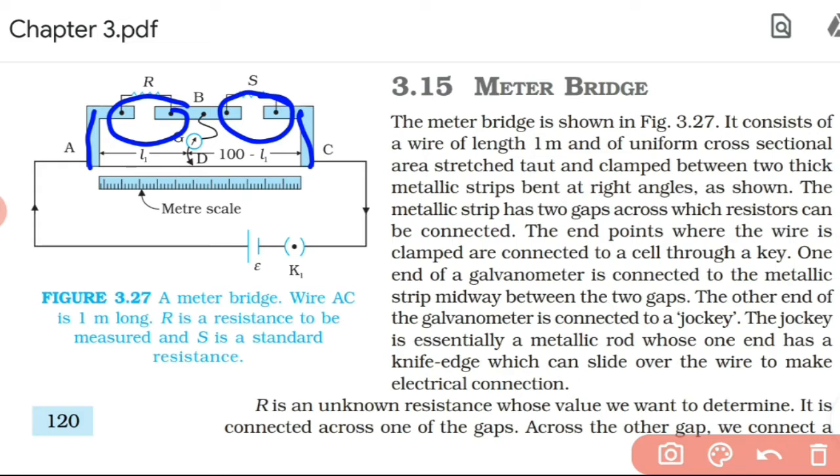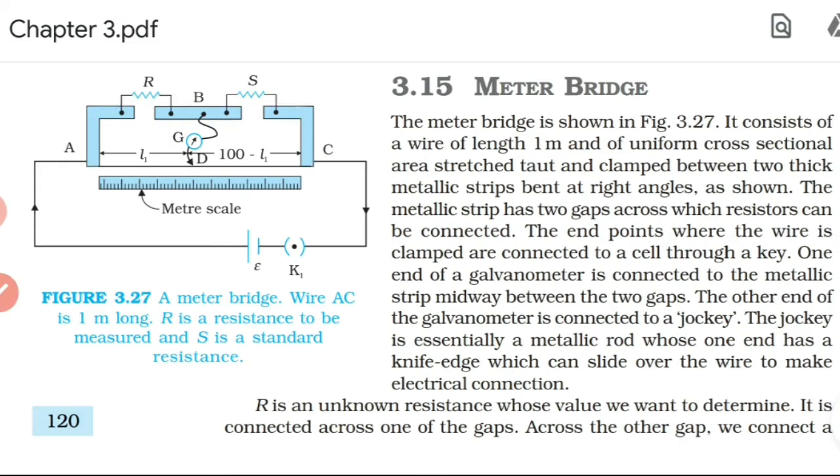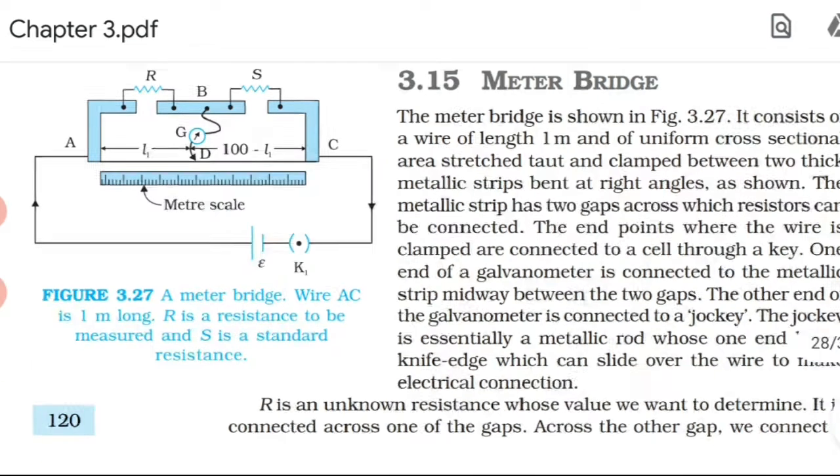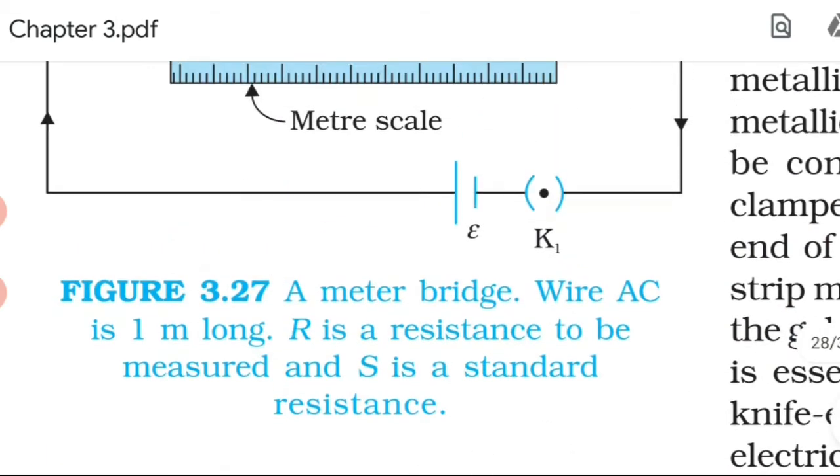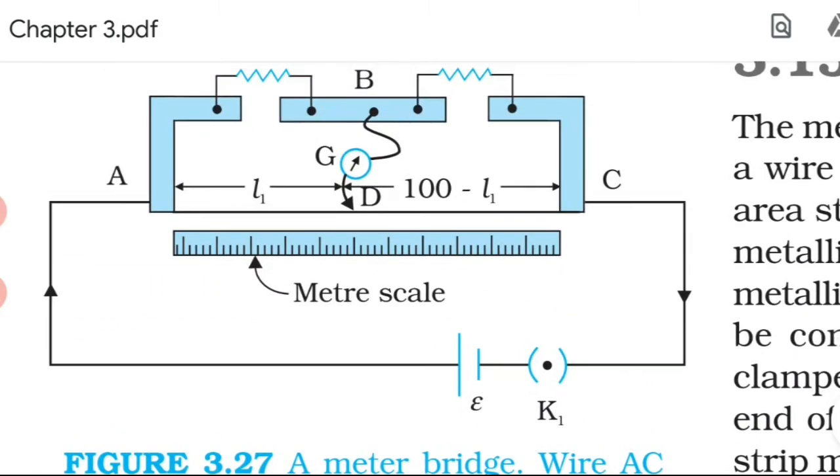So first of all, meter bridge consists of a wooden board over which you have a meter scale, and over the meter scale there is a stretched wire. That wire is made of either constantan or manganin, or even nichrome will be used. That means it is made of an alloy. It is 1 meter long, that means 100 centimeter, and it is kept stretched between the 2 points A and C. At the points A and C you have the copper strips.